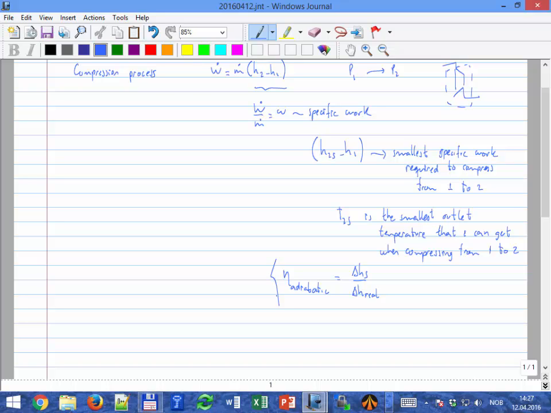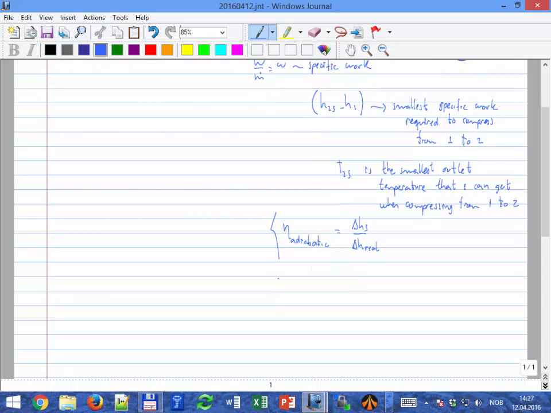So another approach is to use a polytropic efficiency. This efficiency is difficult to relate with the rate, and also with delta P.